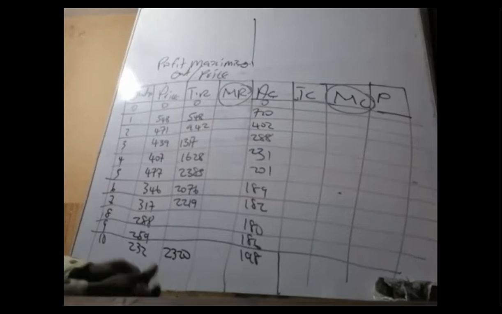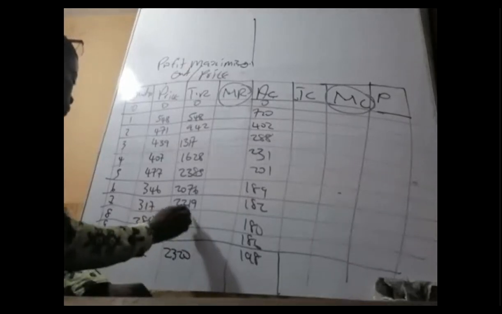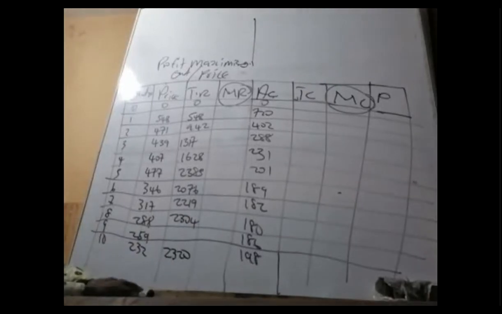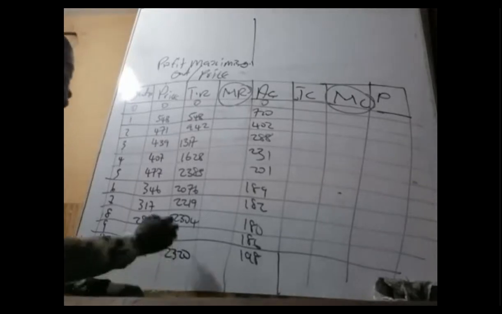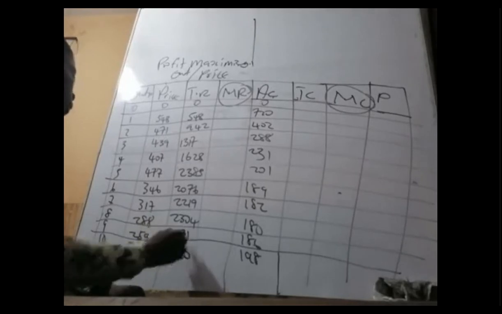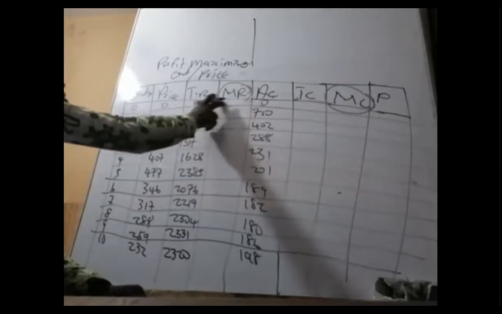Then we have 23.04. Then finally, we have something like 2331.